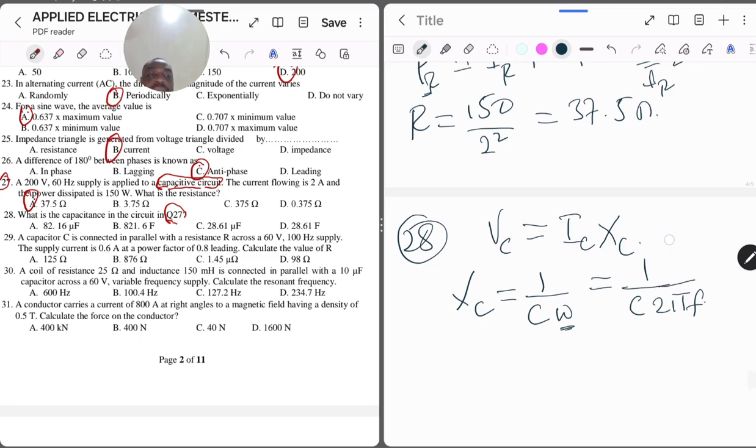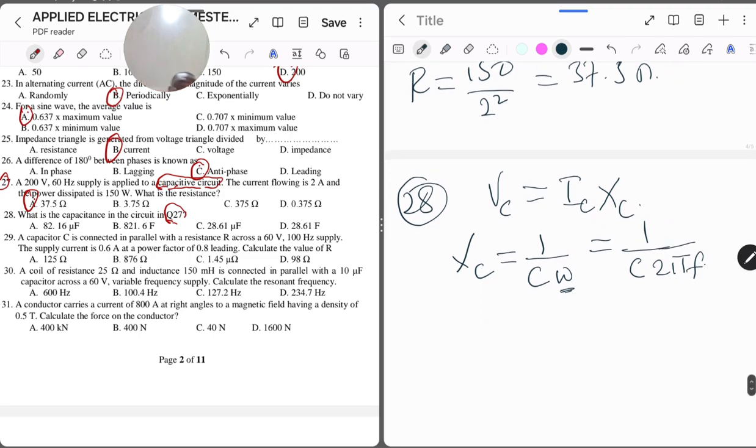So I can first find the capacitive reactance, XC, which will be equal to the voltage VC over IC. But you see I don't know the VC even.